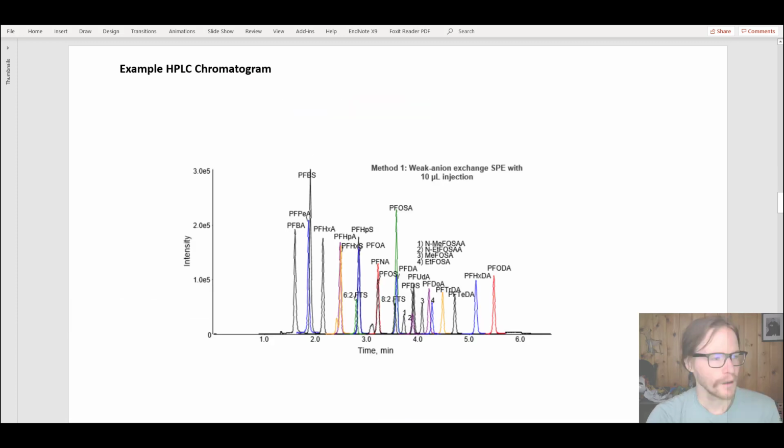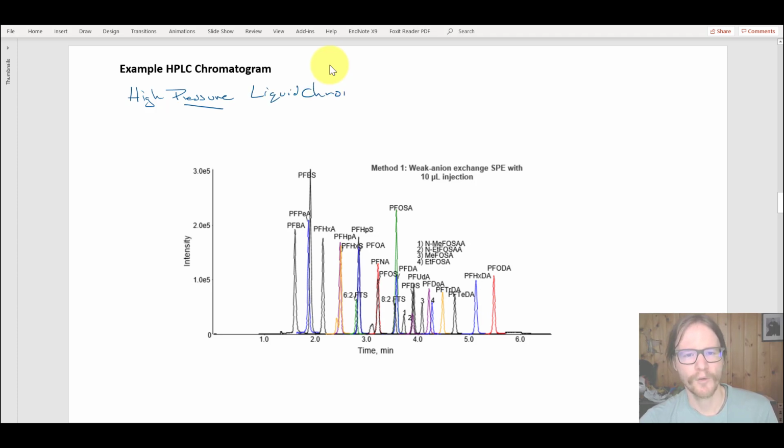Another really common type of chromatography, probably more common than ion chromatography, is HPLC, which stands for, depending on who you ask, either high pressure, which is technically the right name, or high performance liquid chromatography.